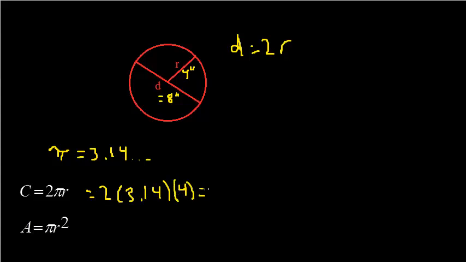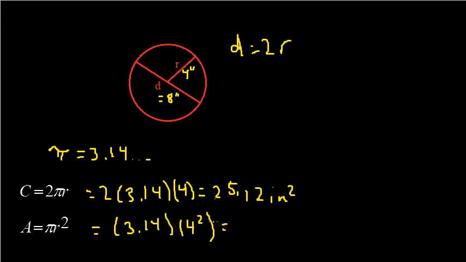So 2 times pi times 4 gives me 25.12, and my units are still inches squared. For my area, I have 3.14 times 4 squared. 4 squared is 16 times the 3.14 gives me 50.24, and my units are still inches squared. So that is the circumference and area of a circle.